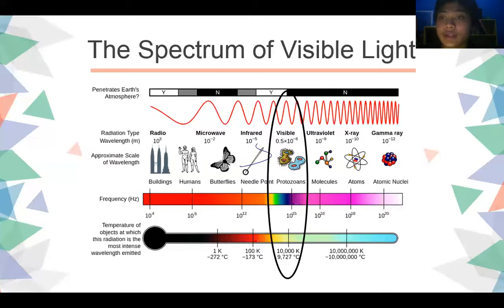The frequency in hertz is 10 to the power 15. The temperature of objects at which this radiation is emitted is 10,000 Kelvin or 9,727 Celsius.